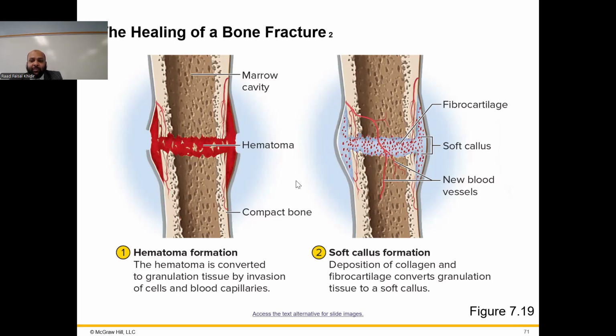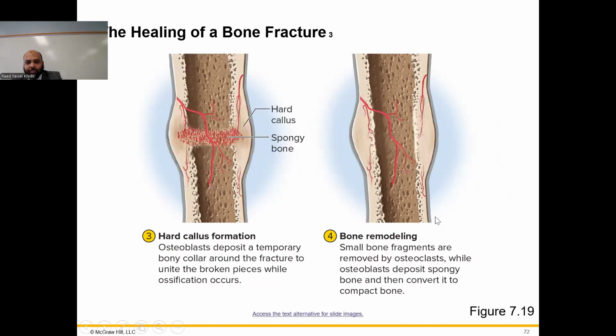Then the next phase is after the classical pathway is done, we shift to the alternative pathway. The alternative pathway is the soft callus formation. There is a deposition of collagen and fibrocartilage that converts granulation tissue to a soft callus.